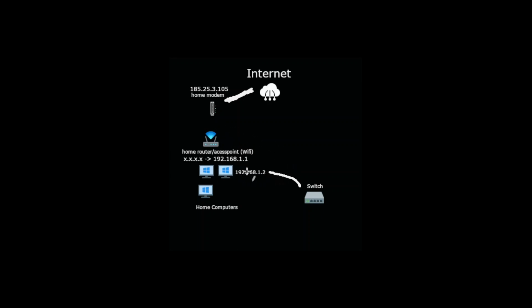So when this computer requests something from the internet, it goes out through the router into the modem. The modem sends this request with its IP address on it to the internet. Whenever the request comes back, it goes back to the ISP. The ISP says, hey, I know this address. Let me send it to the modem.